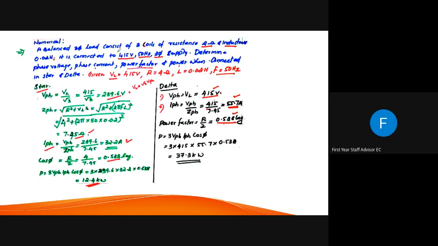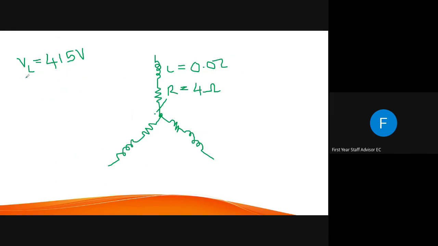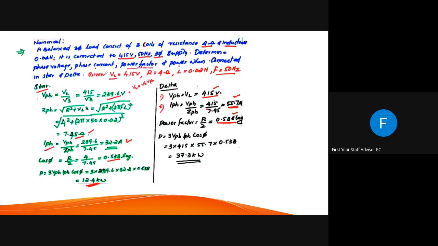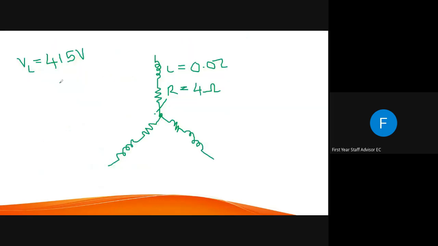It is directly connected to 415 volt, 50 hertz, three-phase. So by default, you take it as a line voltage, VL. It is not the phase voltage. Normally, they will give only line voltage. So you can directly write VL is equal to 415 volt. And what else have they given? Nothing else.